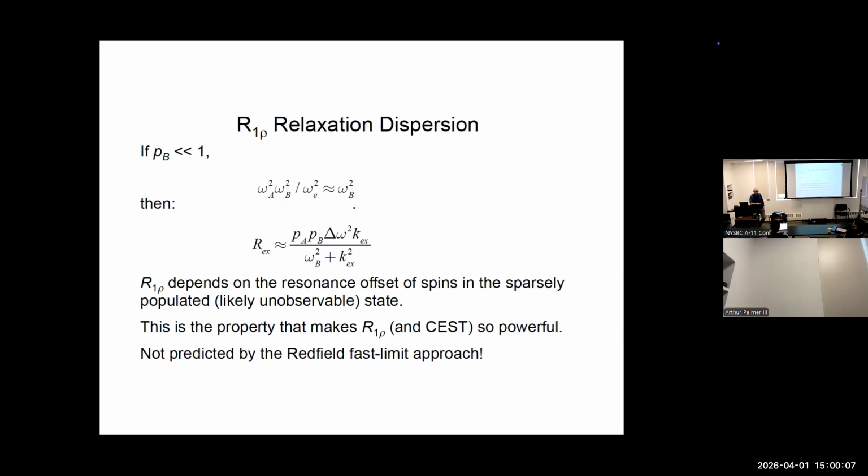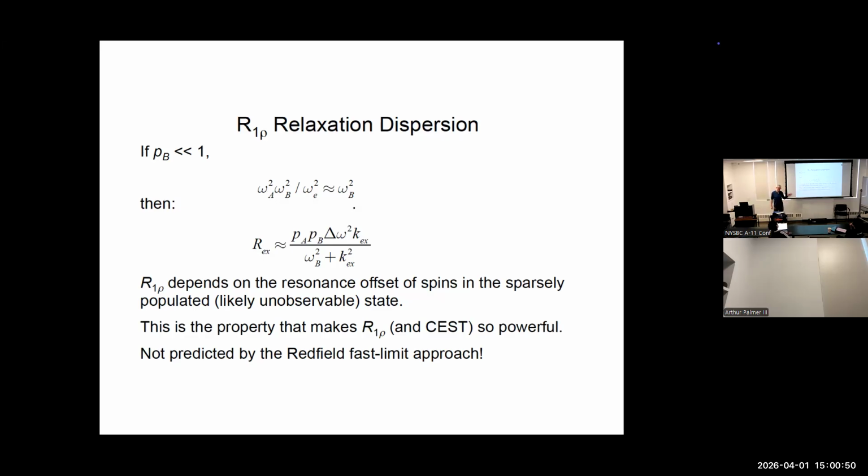But if you think of the CES experiment or the R1 rho experiment in this skewed population limit, then it's clear here why you're sensitive to the omega B state, because in addition to being an R1 rho experiment, it's also a saturation transfer experiment. And then you have to irradiate the B state. If you don't irradiate the B state, there's no saturation to transfer. So thinking of CES as R1 rho lets you write down the rate constant for the CES experiment.